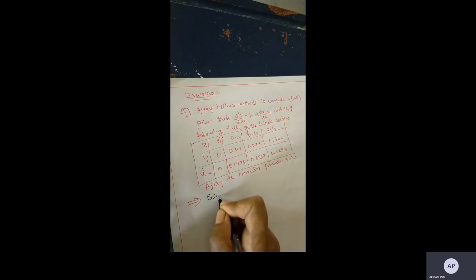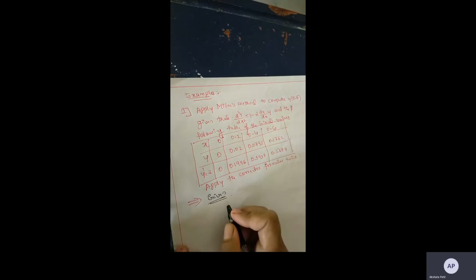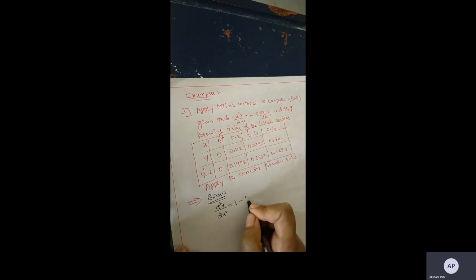So here first we write the given differential equation: d square y divided by dx square equals 1 minus 2 into dy by dx into y.